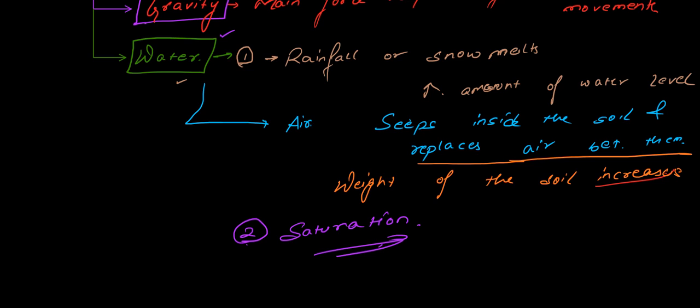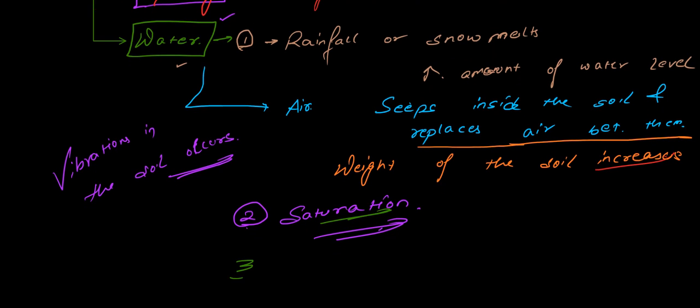Due to this saturation, liquefaction occurs, and vibration in the soil occurs. There are greater vibrations below and on the surface of the earth, and due to this mass movement takes place. So saturation is a very vital reason for mass movements.